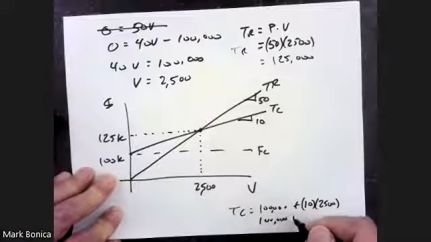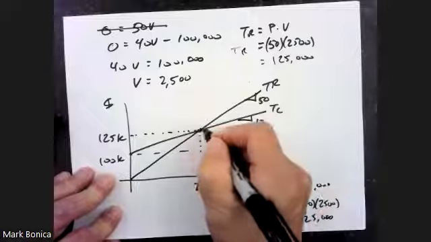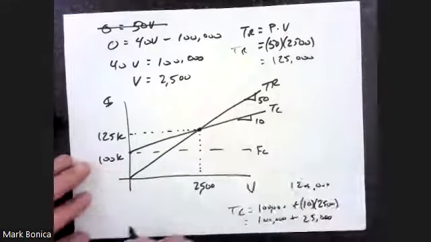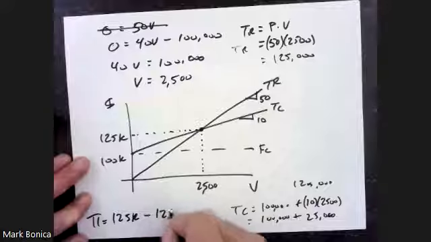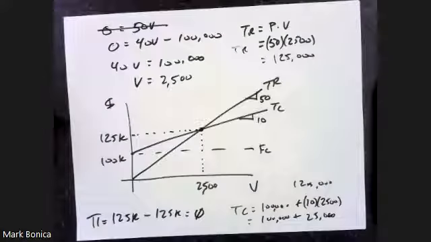That gives us 125,000. So at this point your total revenue is 125,000. Profit is total revenue of 125,000 minus total cost of 125,000, which gives us 0 profit.